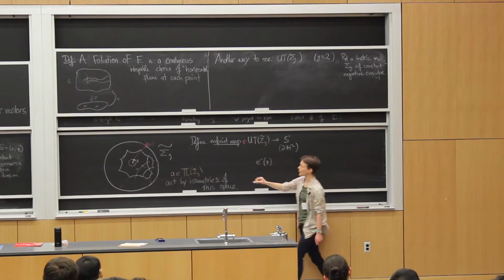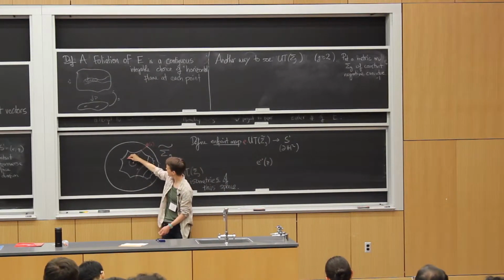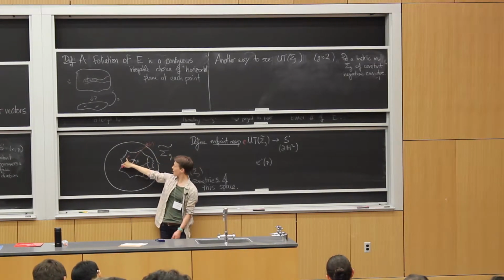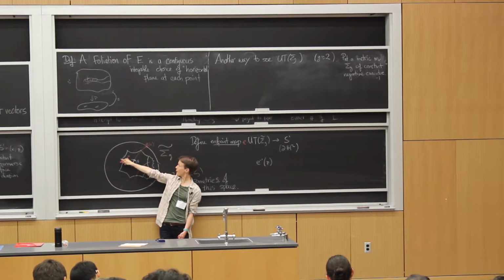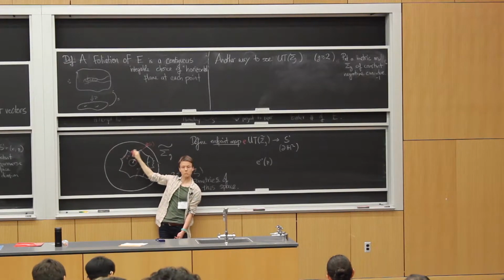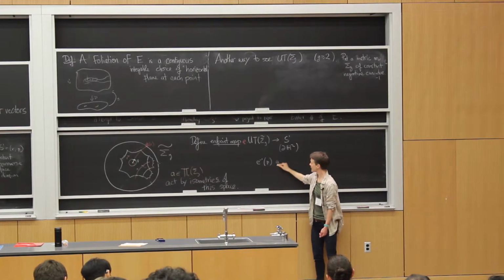What's the pre-image of a point? It's all the tangent vectors that point in this direction. That picks out over every point in my surface a tangent vector. That's almost like a section.